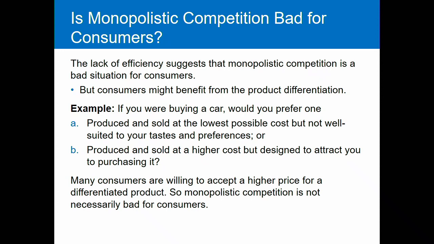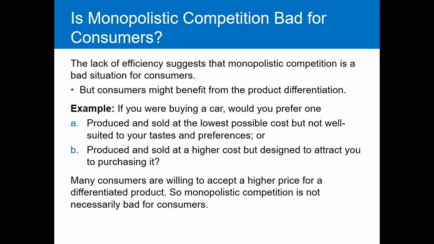So if you were buying a car, think of this example. Would you prefer one that was sold at the lowest possible price, but there was only one car out there? So everyone had to deal with the same car. I'm trying to think of that car from the Soviet Union. Was it the Opel? I don't remember. In the Soviet Union, they had basically one type of car. And if you wanted to buy one as a consumer, that was it.